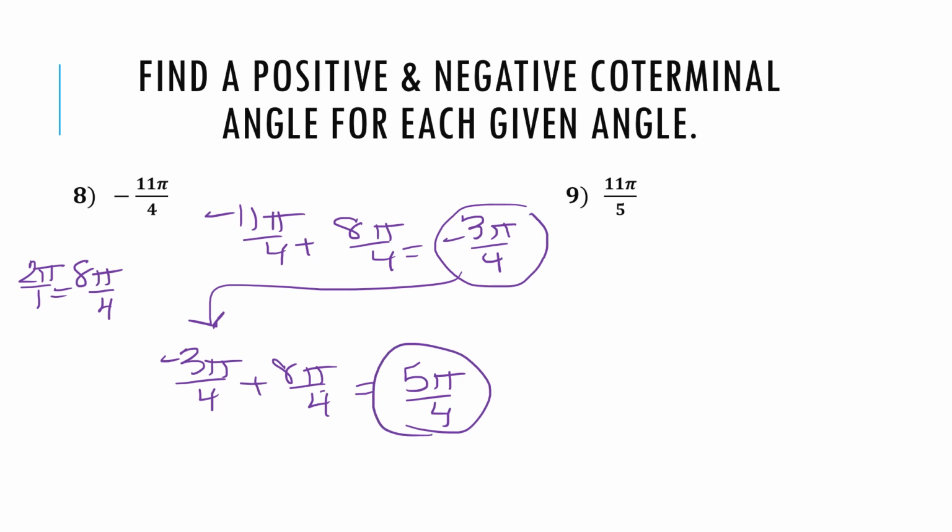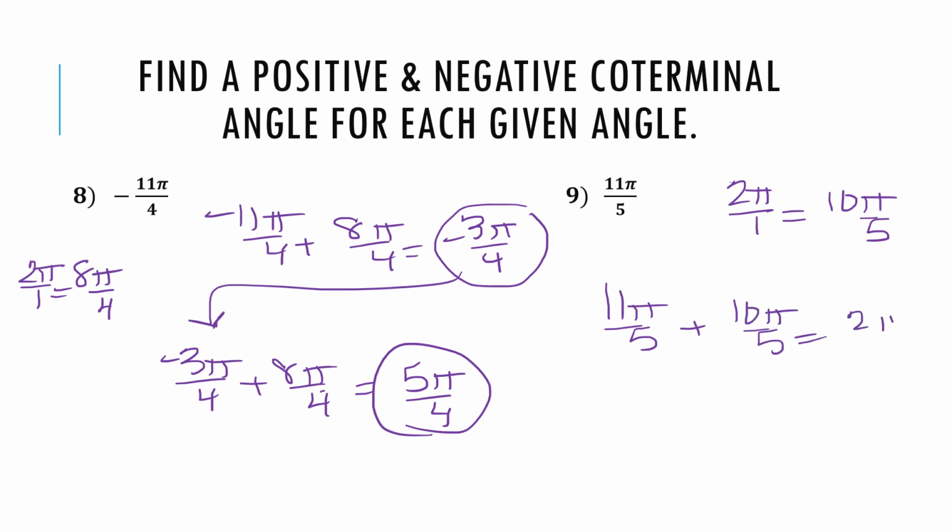And the last one, 11 pi over 5, so I need to convert 2 pi over 1 to be 10 pi over 5. So 11 pi over 5 plus 10 pi over 5 gives me 21 pi over 5. And if I subtract 11 pi over 5 minus 10 pi over 5, I get another positive pi over 5.